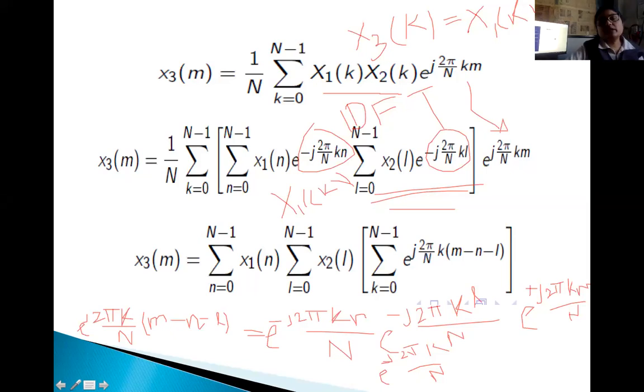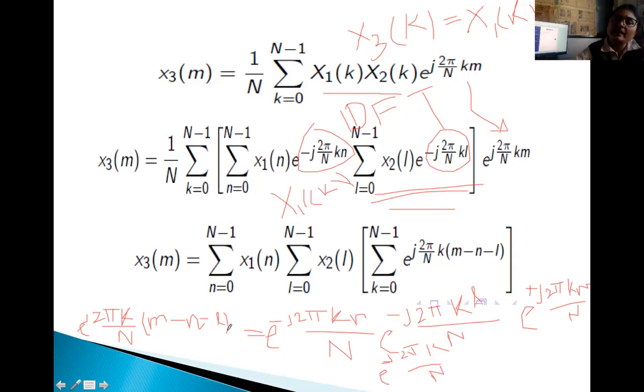These are multiplications, so the exponent values will be added together. So this e we have taken common, and the exponent part j 2 pi k upon capital N is taken common. The remaining part we have written in the bracket, and that is nothing but m minus n minus l.